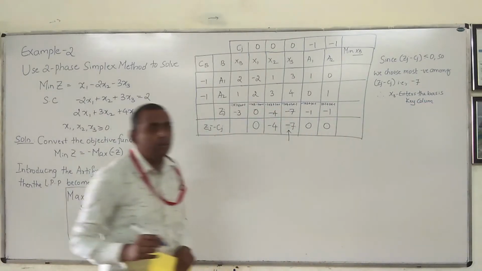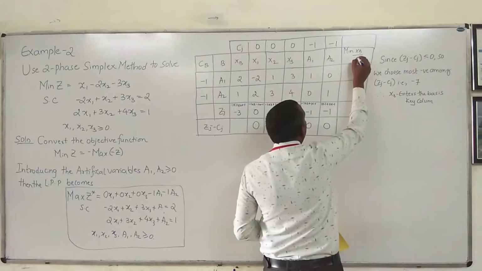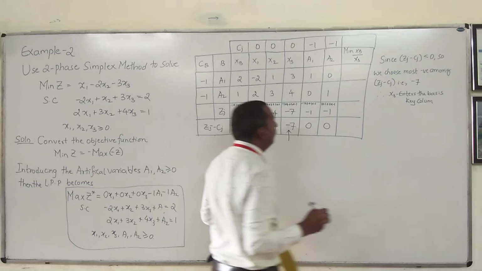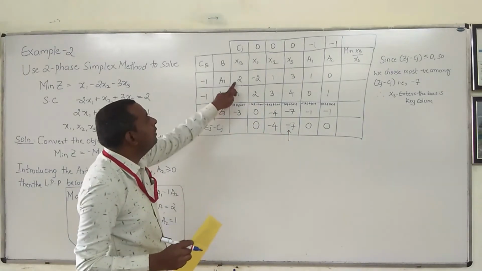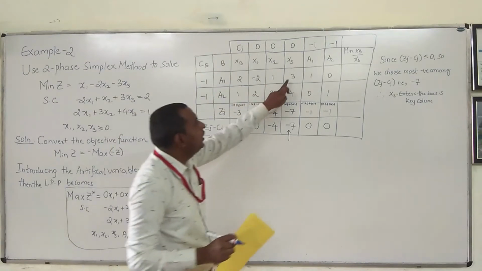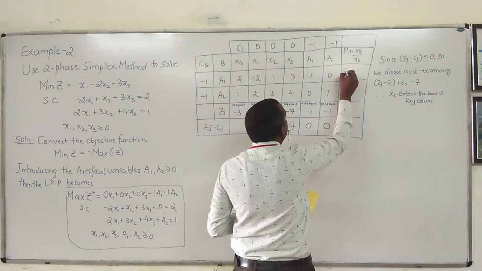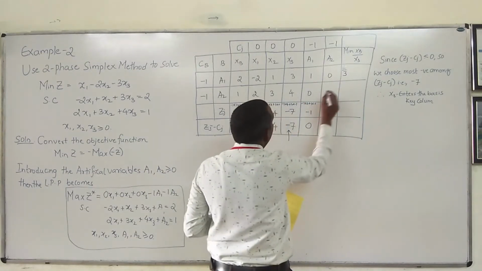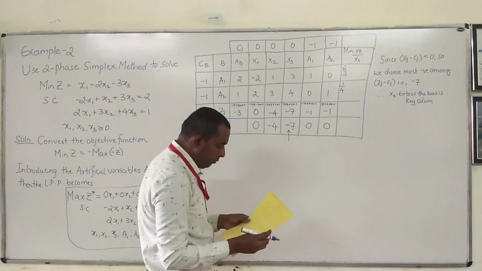Once we get the key column, we are supposed to find the key row. So xb upon x3. xb is 2 and x3 is 3, so it is 2 by 3, whereas this one is 1 by 4.